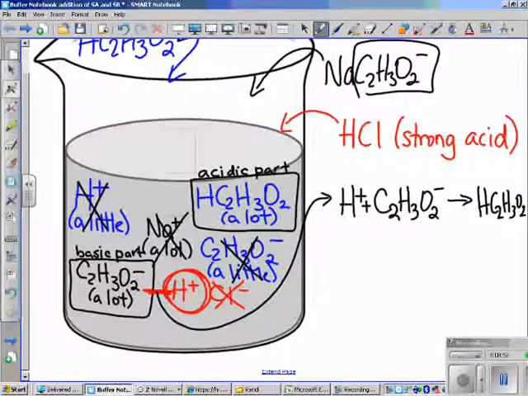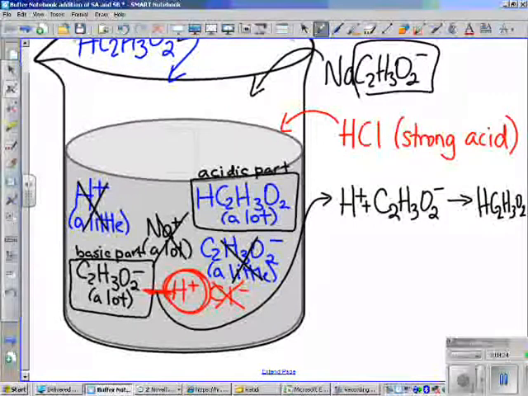Now, this might seem counterproductive. We put in acid, strong acid. There were all these extra H pluses. That was going to change the pH, so the buffer attacked the H pluses and they got rid of them. But by getting rid of them, it made a new acid, made acetic acid. But acetic acid is weak. And does acetic acid dissociate very much? As with all weak acids, not very much dissociation.